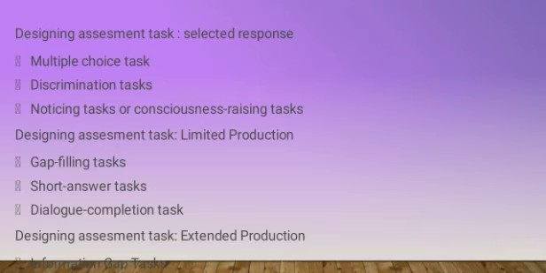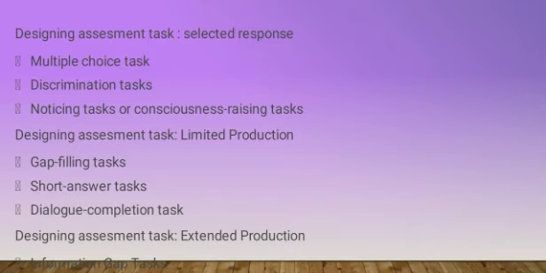Next, designing assessment tasks for limited production. Gap filling task. The language is presented in the form of a sentence, dialogue, or passage in which a number of words are deleted. The test taker must choose the appropriate response for the deletion or gap based on the context in which language is presented, grammatical form and meaning.